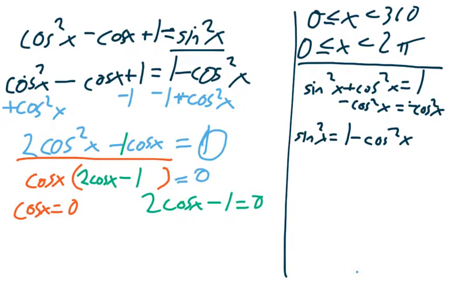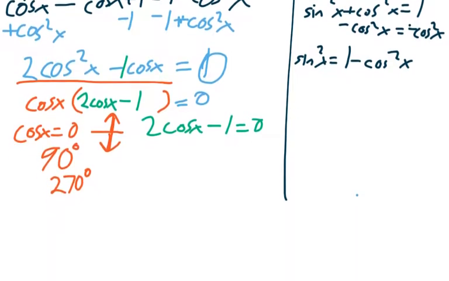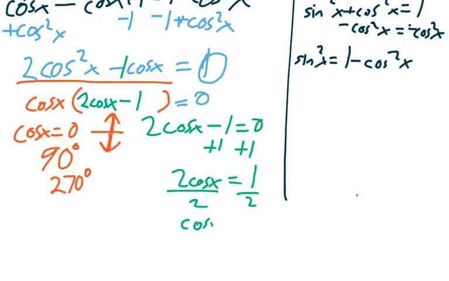So when I do inverse cosine of 0, it tells me the answer is 90 degrees. Of course, if the cosine is 0 at 90, it's also going to be 0 when we're pointing straight down, so I have another answer at 270. For the other factor, I got 2 cosine of x equals 1, so the cosine of x equals 1/2.